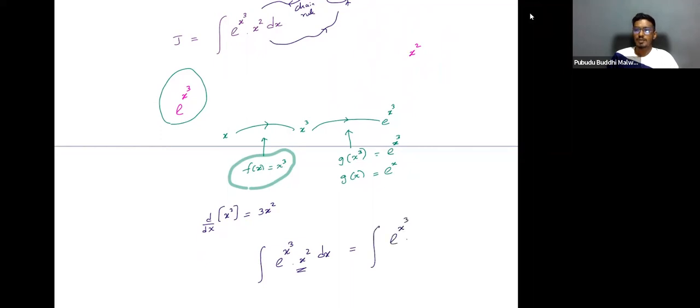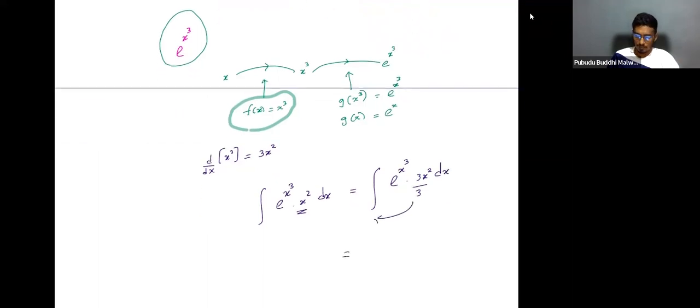We can always manipulate constants. 3x squared over 3, but the 3 in the denominator we don't need, so I'm going to take that out. That's 1 over 3, x squared dx.